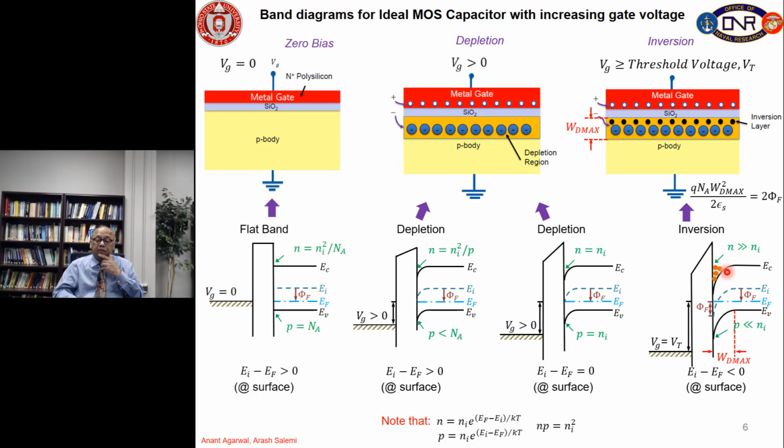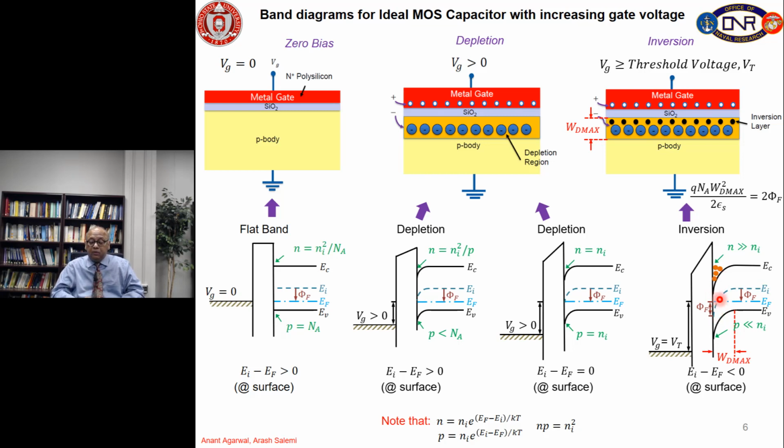In fact, the number of electrons here in inversion are equal to the number of holes in the semiconductor at 0 gate voltage. So, now we have completely inverted the situation. The number of holes have gone down, the number of electrons have gone up, and at this point, if we apply any more gate voltage, the bands bend very slightly and we get a lot of electrons here.